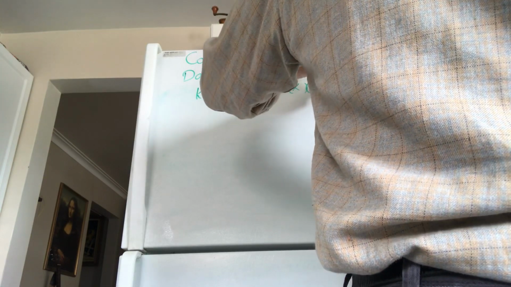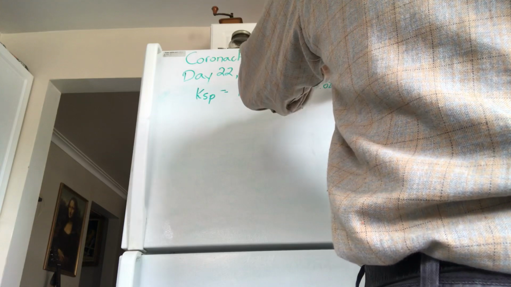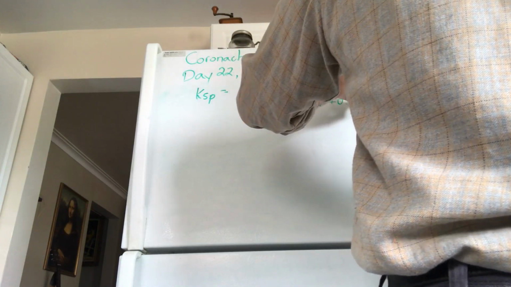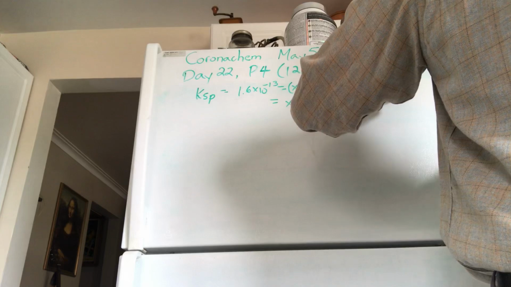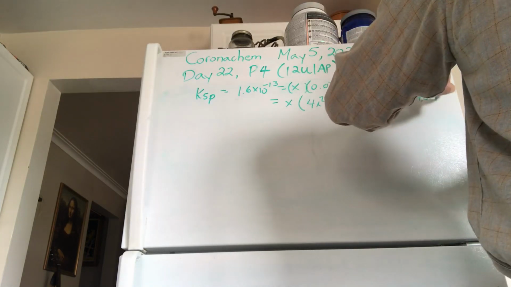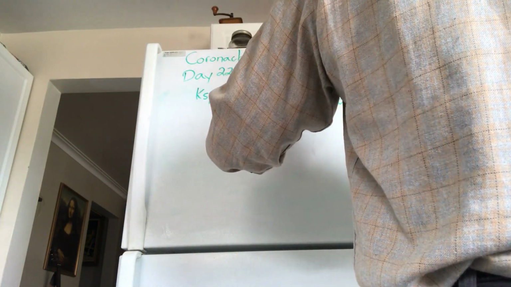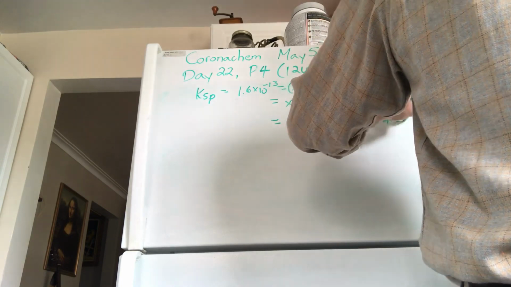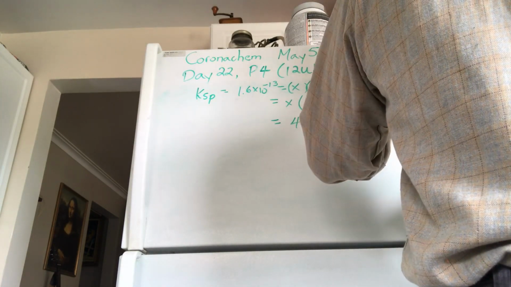I would end up with Ksp equals 1.6 times 10 to the negative 13, which equals x times (0.020 plus 2x) all squared, and that equals x times (4x squared plus 0.08x plus 4.0 times 10 to the negative 4), which equals 4x cubed plus 0.08x squared plus 4.0 times 10 to the negative 4 x. All of that equals 1.6 times 10 to the negative 13.